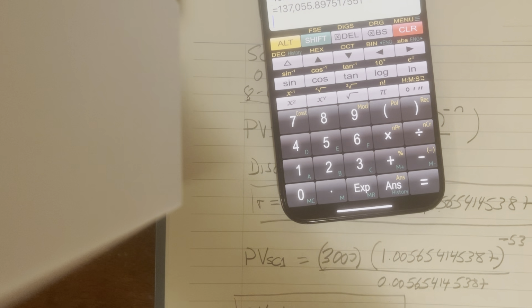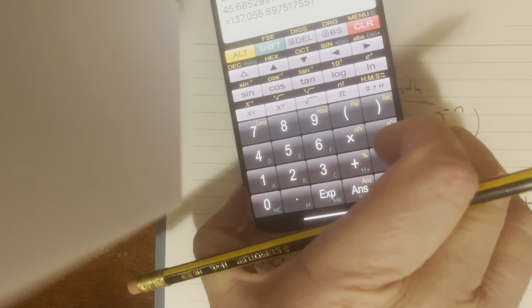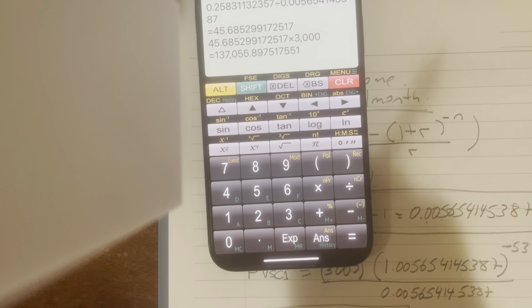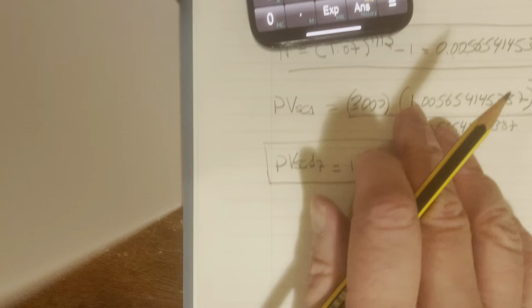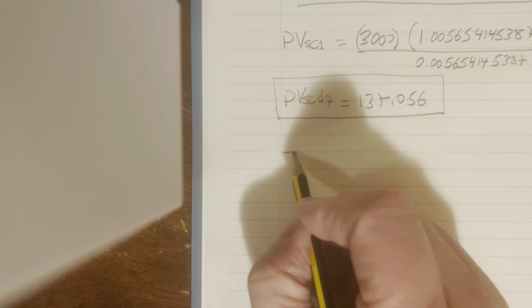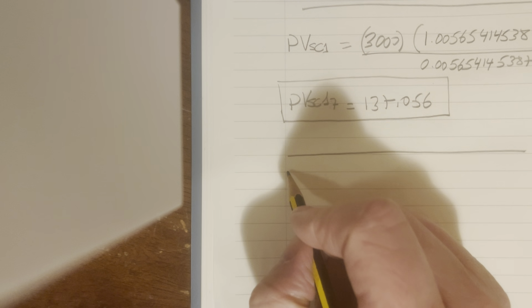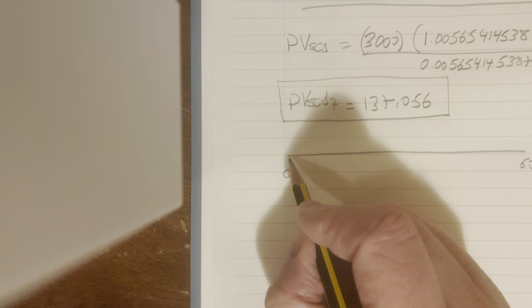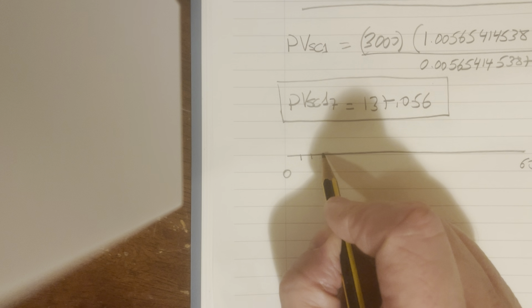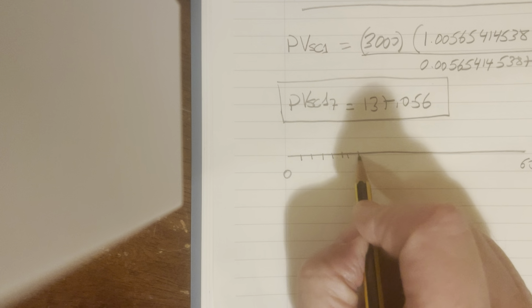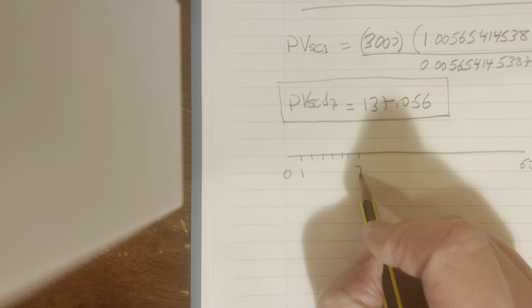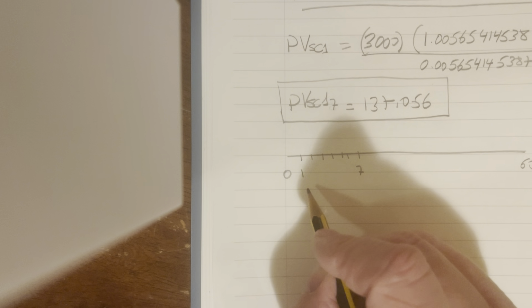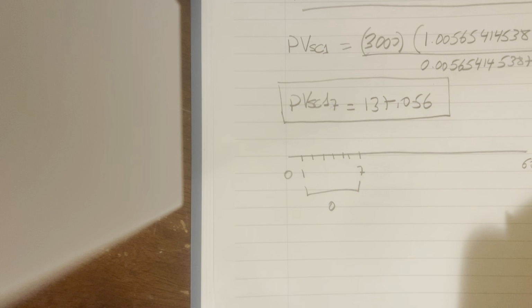Let me draw the timeline so we can understand. This is a timeline. This is month 0 and this is month 60. From then 1, 2, 3, 4, 5, 6, 7. From month 1 to 7th, I have 0 income.